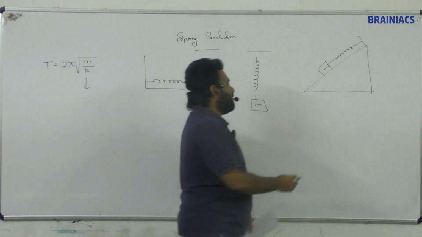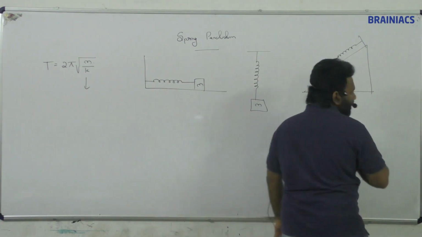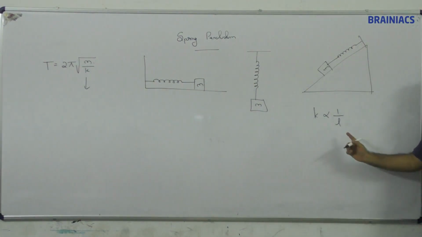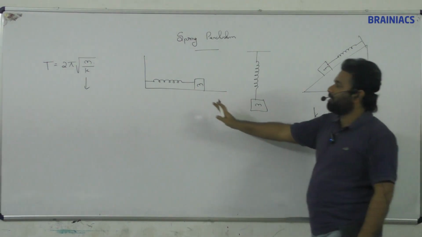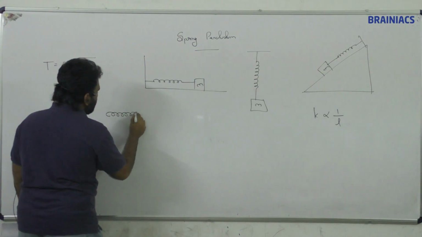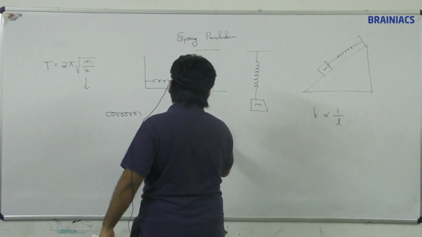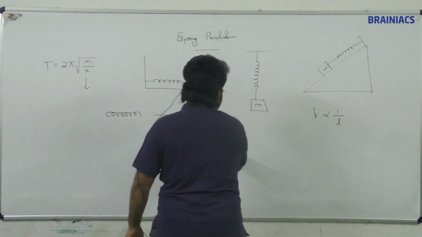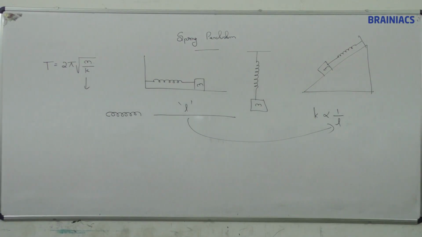So you might have seen K is inversely proportional to L. This length is the original length of the spring, not this length. Correct?